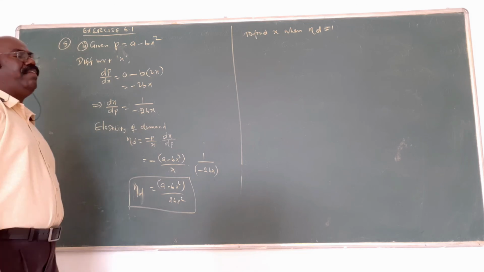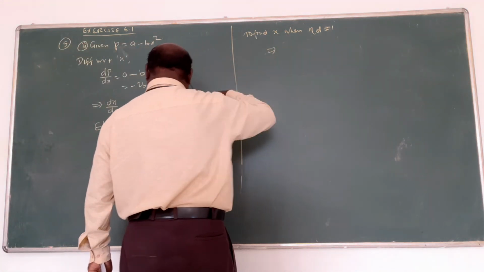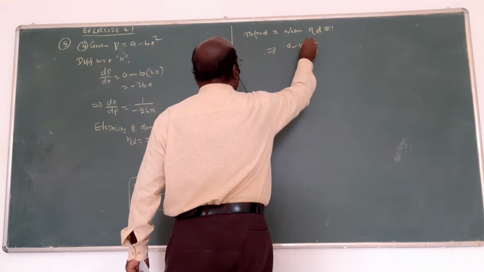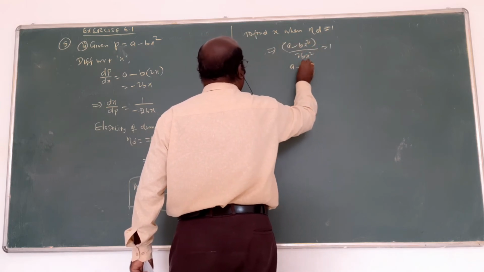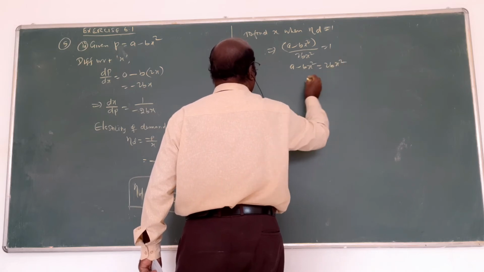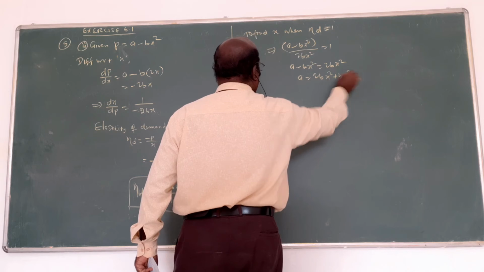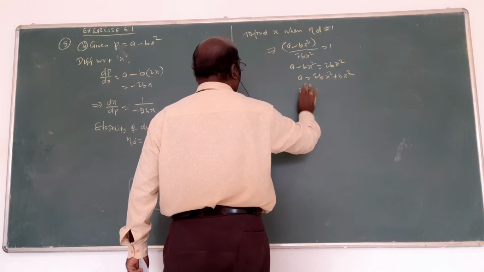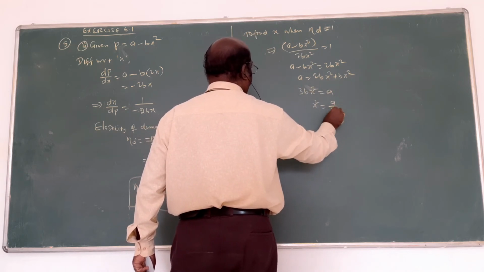Now to find x, when ηd is 1, the same thing applies. ηd is already found: (a − bx²)/(2bx²) = 1. Cross multiply by 2bx²: a − bx² = 2bx², so a = 2bx² + bx². Adding, 3bx² = a. x² = a/3b.